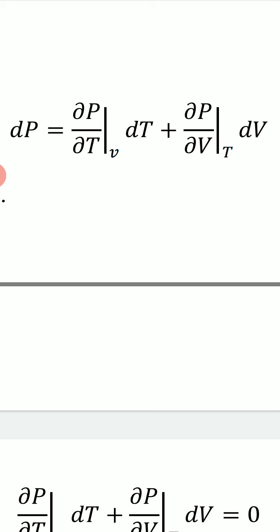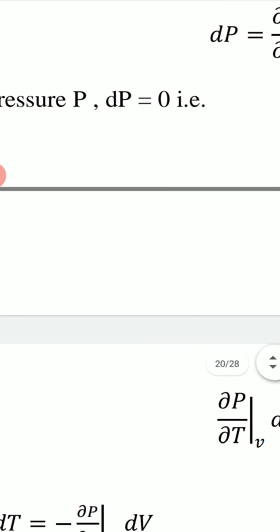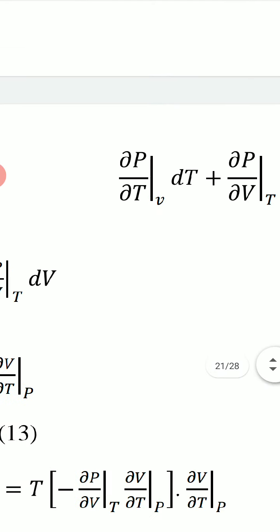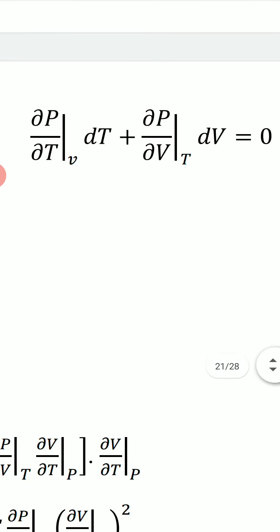Now for constant pressure, if pressure P is constant, then dP is equal to 0. Left hand side is equal to 0, then right hand side will also be 0. And then we have this relation.